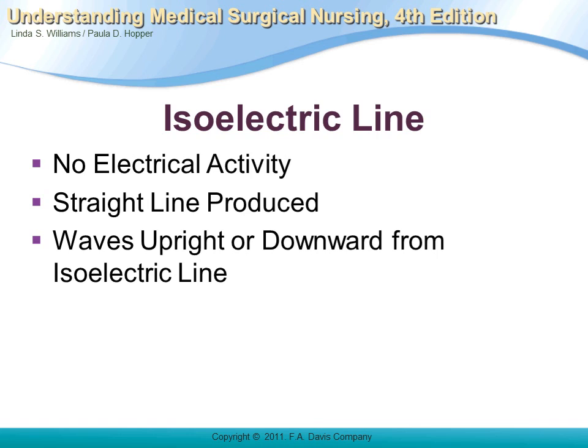The first thing we'll talk about is an isoelectric line. That indicates there is no electrical activity going on in the heart. It's a straight line, and the waves can be upright or downward from that isoelectric line.